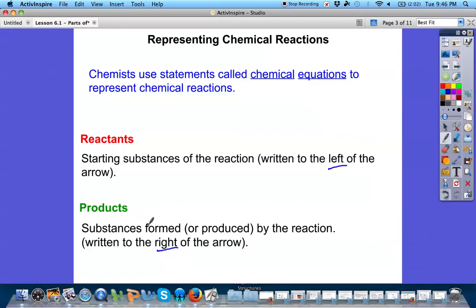So I think about a production line or a factory. Let's say that we have a factory to produce computers. All of the elements and components, the internal part of it, those are going to be the reactants because we have to add all of those together. And then the final product is the computer that we use.